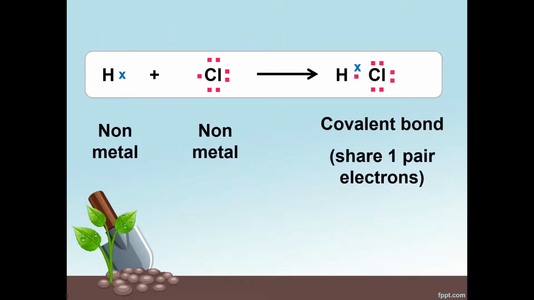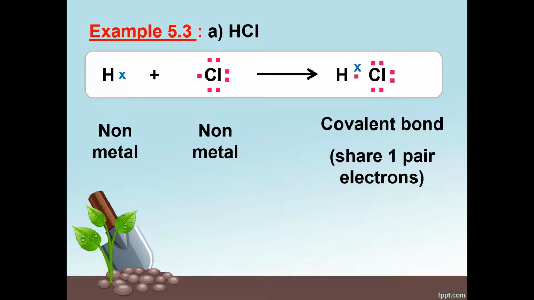Let's do example 5.3 on your page 129. The covalent compound in the question is HCl, hydrogen chloride. Show the formation of covalent bond in the compounds below using the Lewis structure through equation. 3 marks.